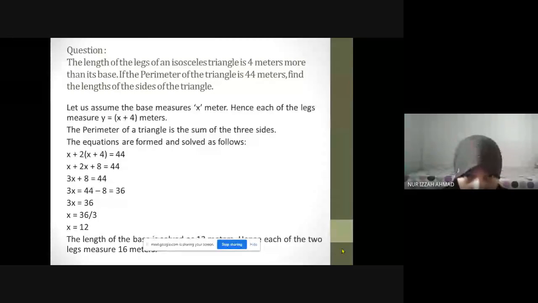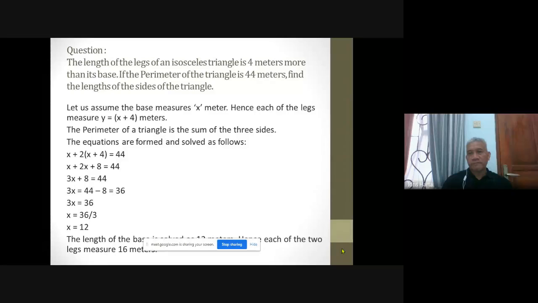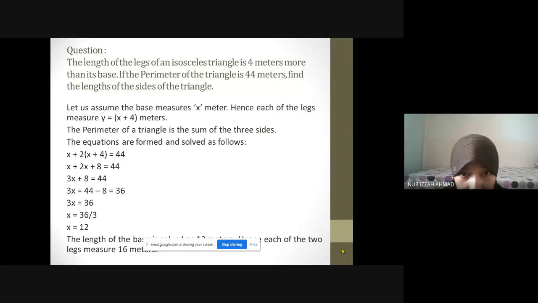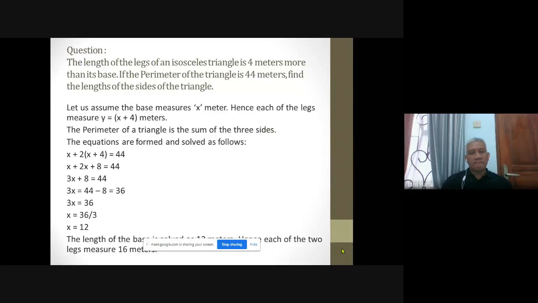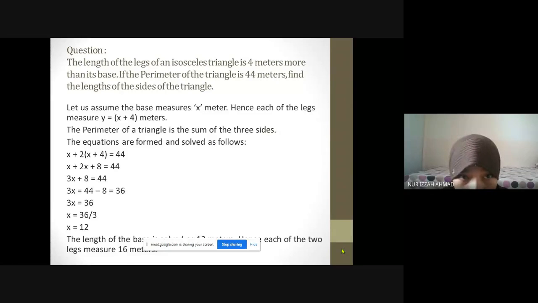Let us assume the base measures x meters. Each one of the legs measures y equals x plus 4 meters. Perimeter of a triangle is the sum of the three sides.